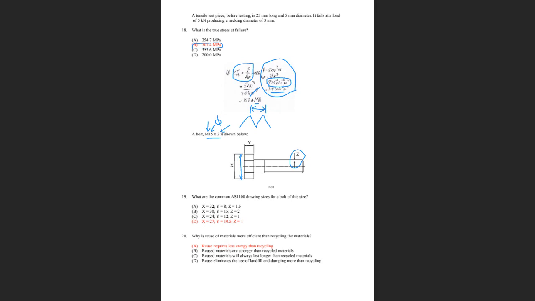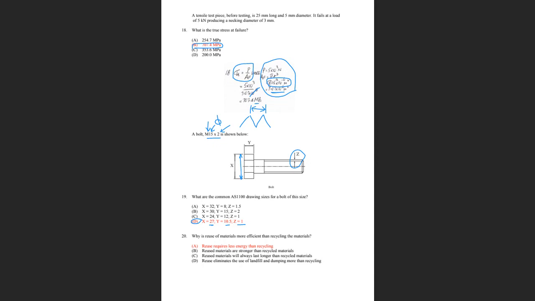So you look down here and see where you've got 27. We've got 27 here. Check that the other Y is 0.7 D. 0.7 times 15 is 10.5, and Z is 1. So obviously D is the correct answer.